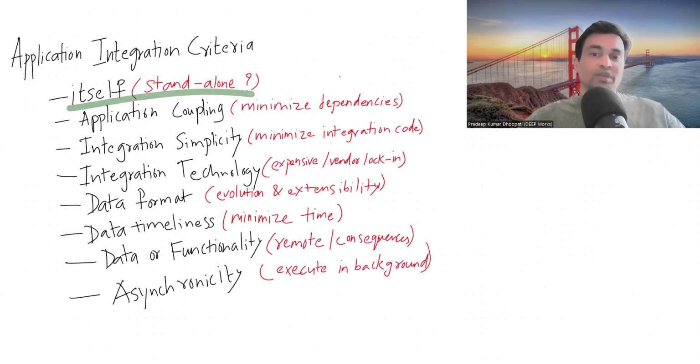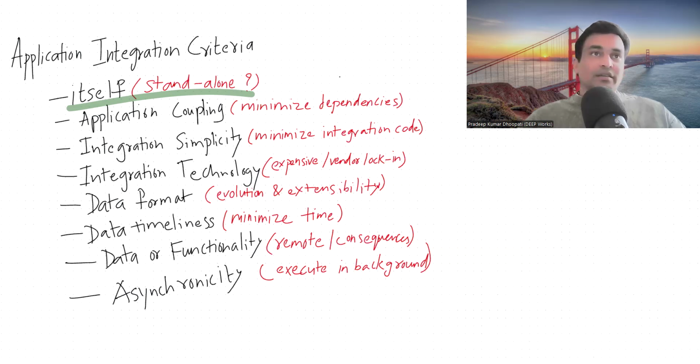Realistically speaking, any enterprise will have multiple applications. The applications need to collaborate with other applications to provide a unified experience for its employees, customers, or business partners. And what are the other main decision criteria for application integration?